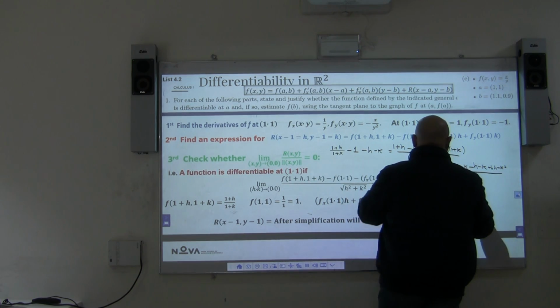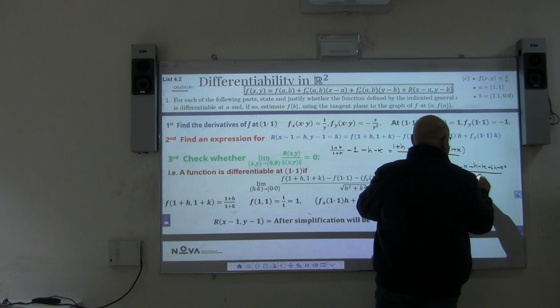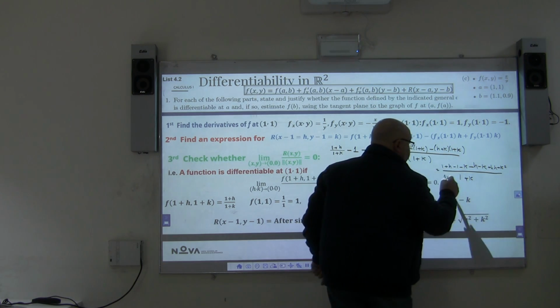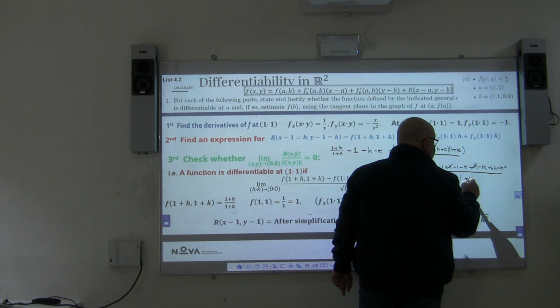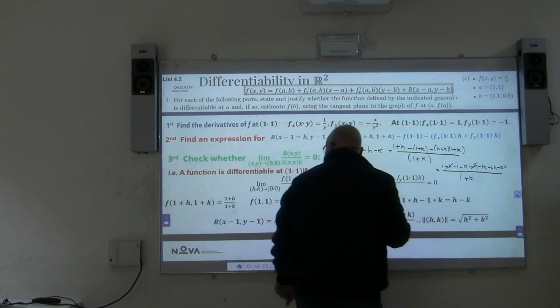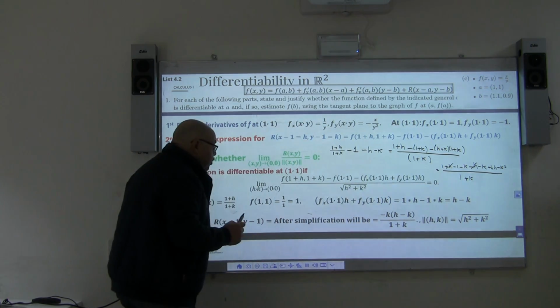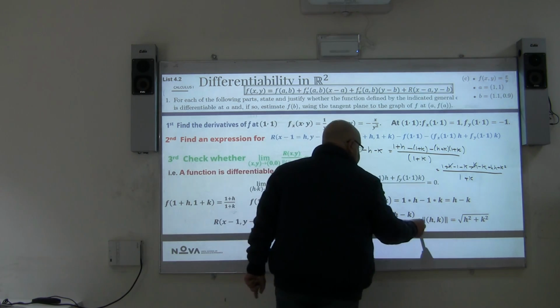And all of this is divided by 1 plus K, as you can see. Remark that positive H was negative H. You will have H and K, and it will be simplified, and then you will reach this relation.